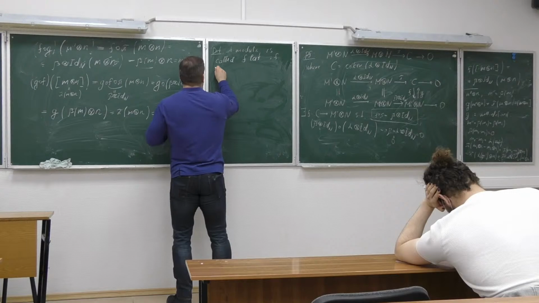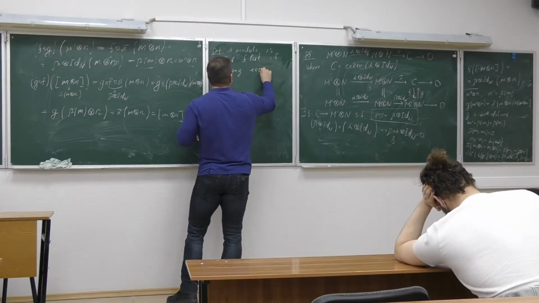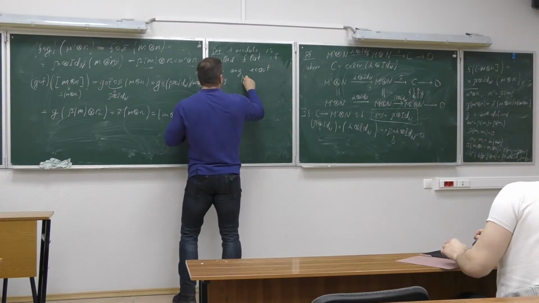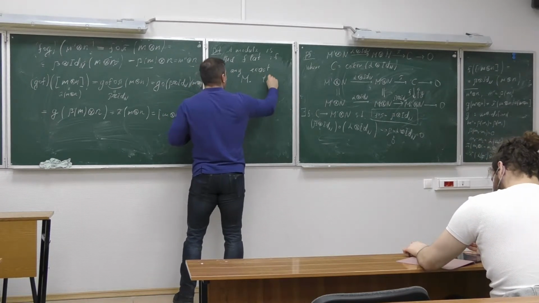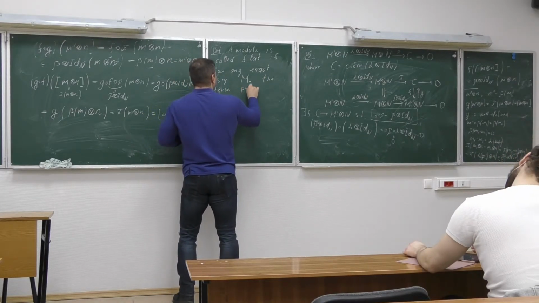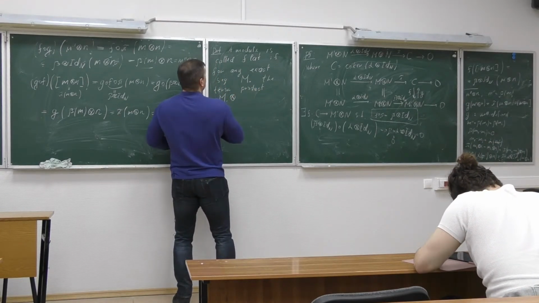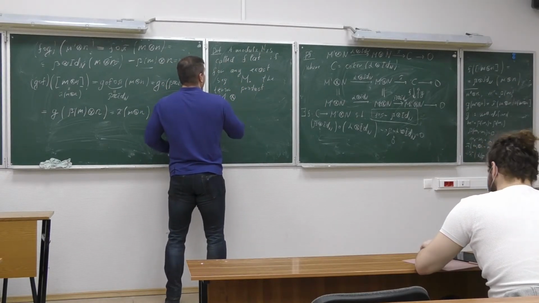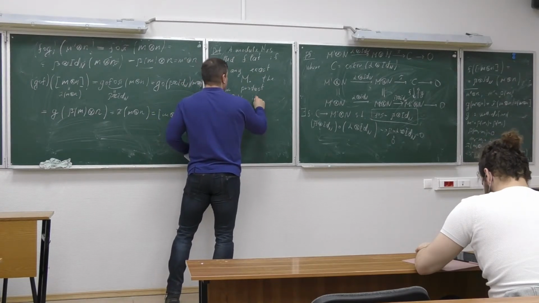if for any exact sequence M, the tensor product... M, a module, let's call this module N. A module N is called flat if for any exact sequence M, the tensor product of this exact sequence and N is exact.